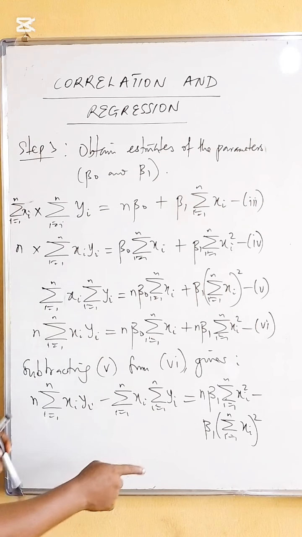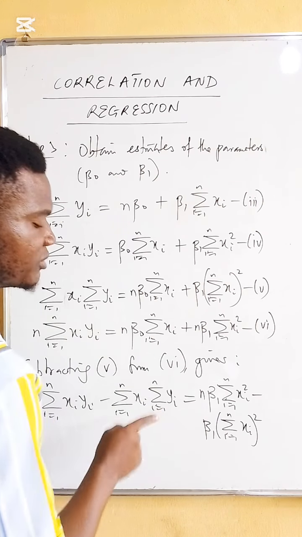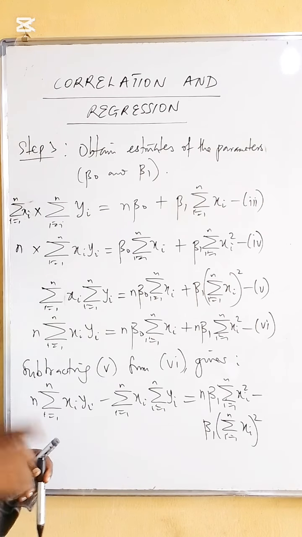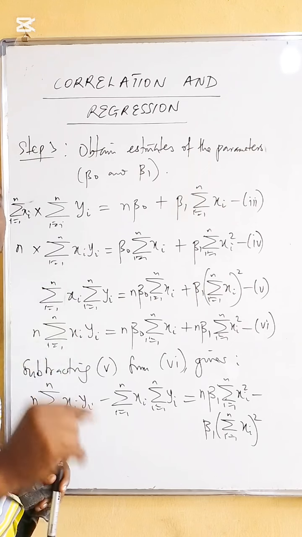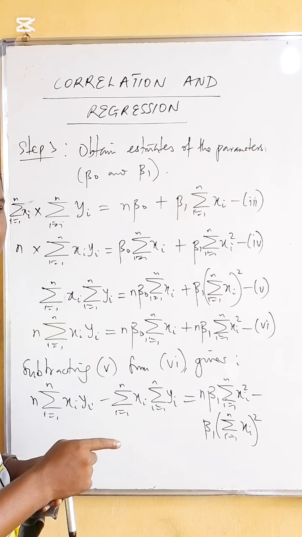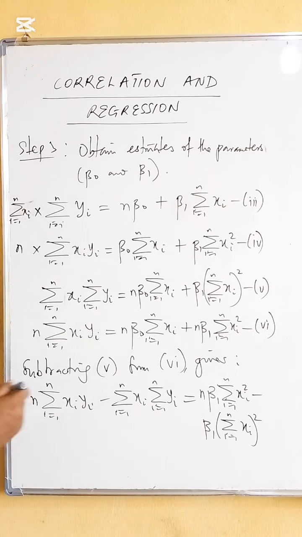From this particular result, I'm going to make beta 1 the subject of formula. And as soon as you make beta 1 your subject of formula, you have to put a cap on it to show that that is the estimate. Okay? So let's do that quickly to round up this result and then obtain beta naught.